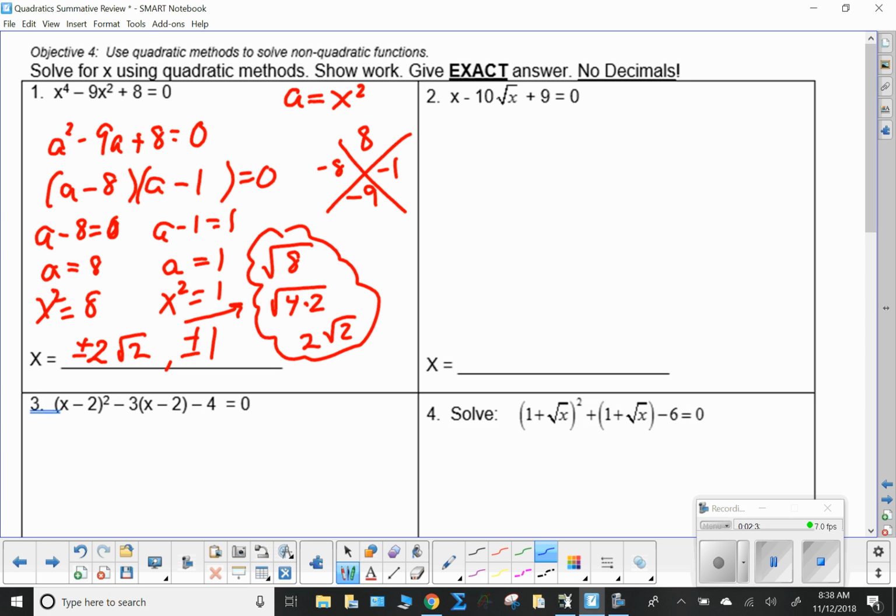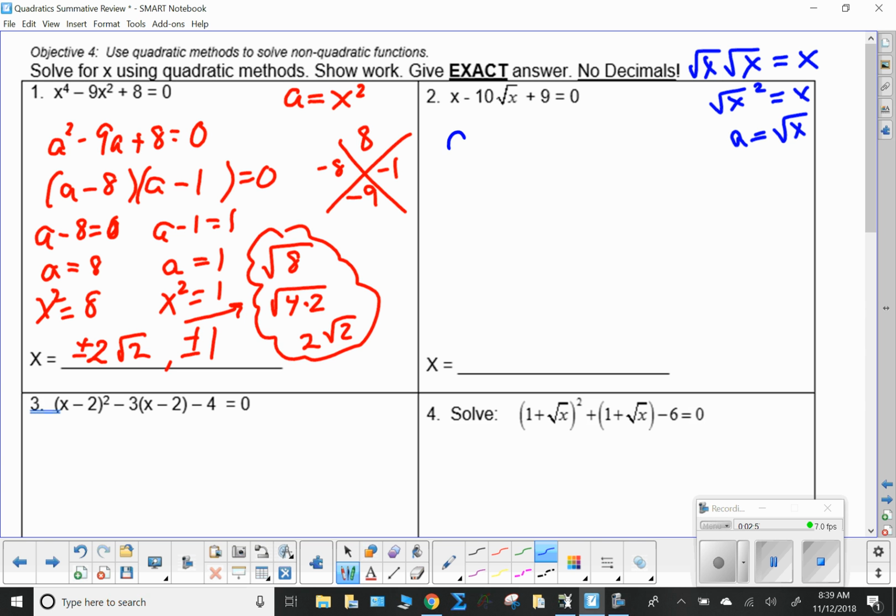Next one up, the square root of x and x. Remember that the square root of x times the square root of x is equal to x. That means the square root of x squared is equal to x. So, in this case, I'm going to let a equal the square root of x.